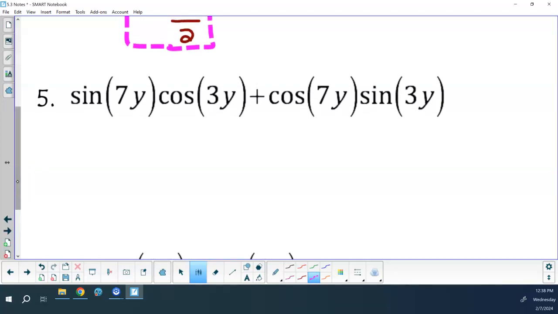Sine of 7y times the cosine of 3y plus the cosine of 7y times the sine of 3y. Am I dealing with sums or differences of sine, cosine, or tangent? Sine, is it a sum or is it a difference? Sum.